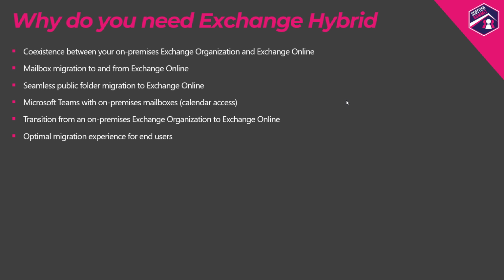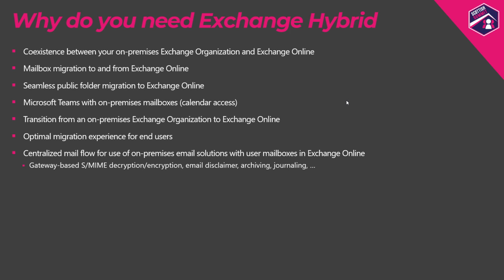And the hybrid option, so Exchange Hybrid, gives your end users an optimal migration experience because they do not need to migrate or create new Outlook profiles. There is no need to download a new offline cache file, so OST will seamlessly work after the mailbox is migrated from on-premises Exchange to Exchange Online.